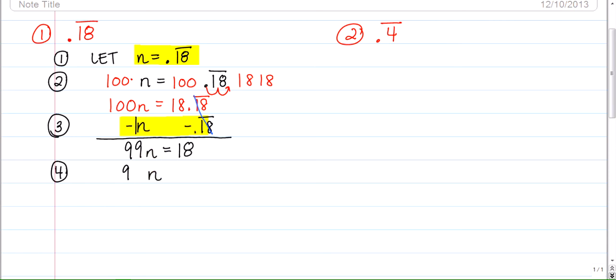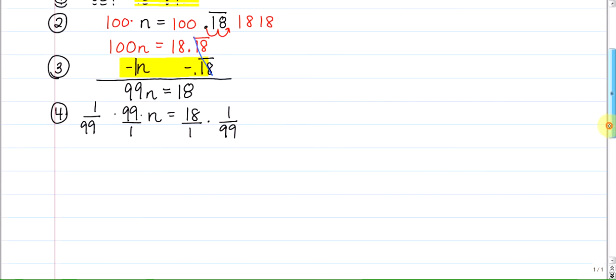So that means I need to figure out how to break 99 away from the n. Since it's multiplied, that means that I'm going to multiply on both sides of my equation the reciprocal of 99 over 1. Whatever I do to one side, I need to do the other. And these all go away.